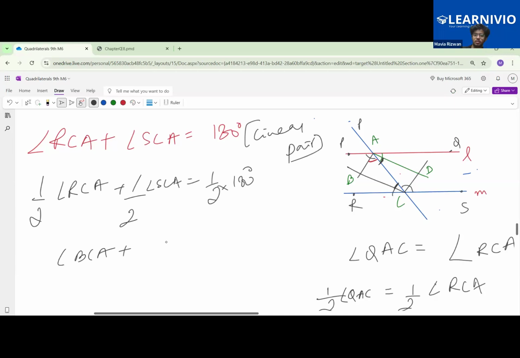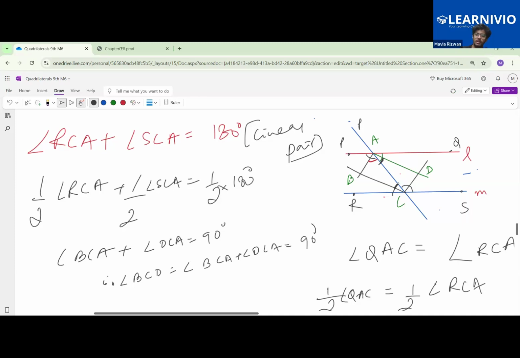So their sum is 90, which means angle BCD is equal to 90, because angle BCD is equal to angle BCA plus angle DCA, that is equal to 90 degrees.